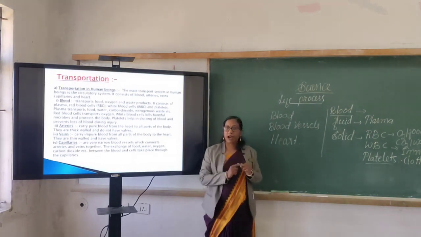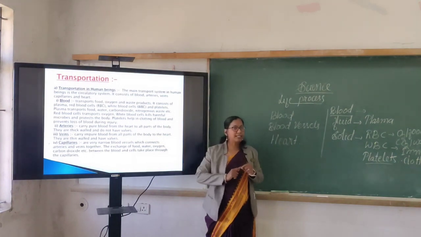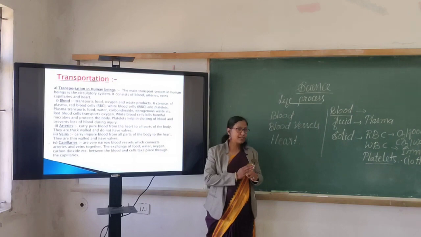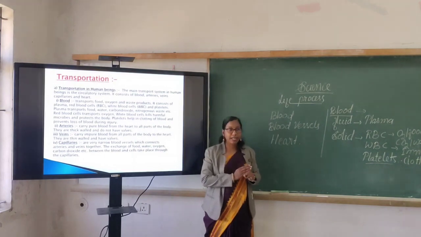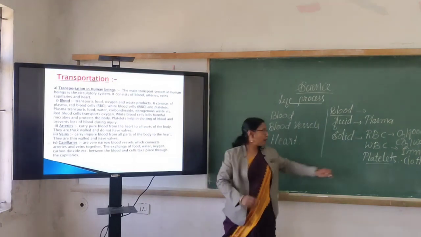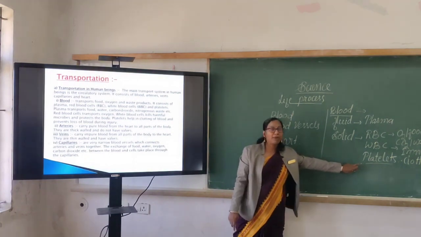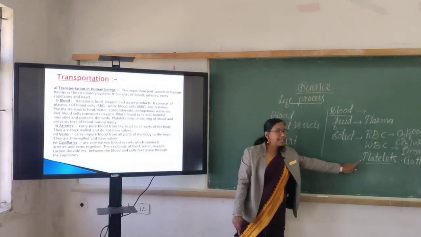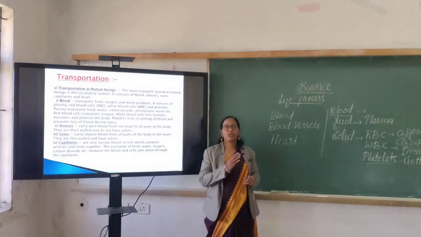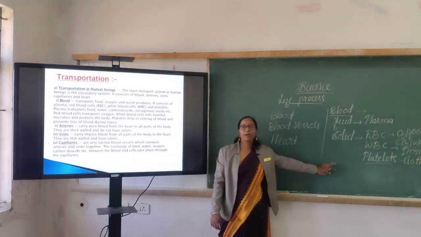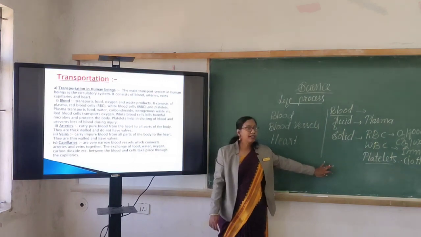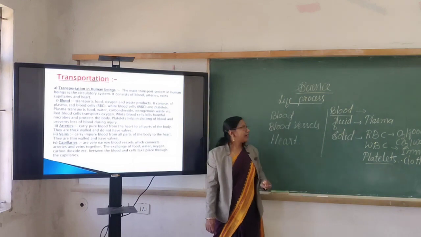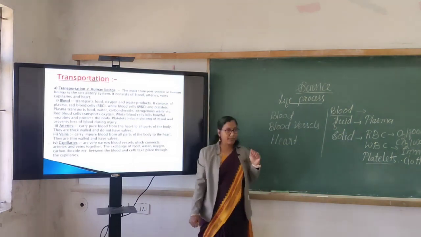Whenever there is a cut or wound, we have observed that after some time the bleeding will stop, correct? How does this bleeding stop? The bleeding stops due to the presence of platelets in the blood. Platelets help in stopping the bleeding and protect our body from losing a lot of blood. So that is how all the blood components help us.